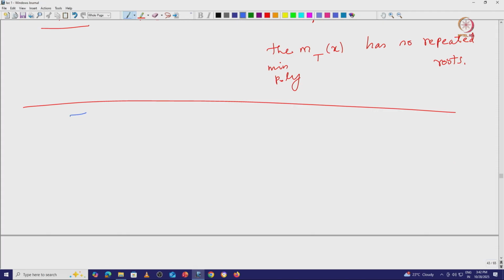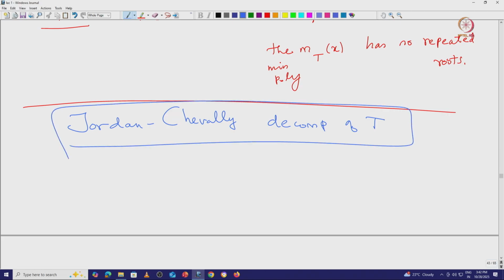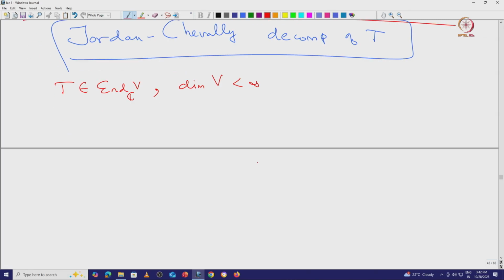So, here is the Jordan-Chevalley decomposition of T. Again, as before, let us fix this operator T, which is defined on the finite dimensional space. So, we want to decompose this T as a sum of two operators which are somewhat simpler than T.